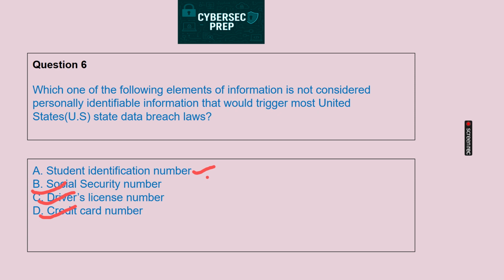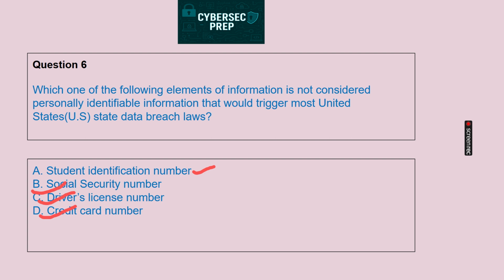Also, to give you additional information, most state data breach notification laws are modeled after California's data breach notification law, which covers the social security number, the driving license number and state identification number, credit card numbers, debit card numbers, and bank account numbers.